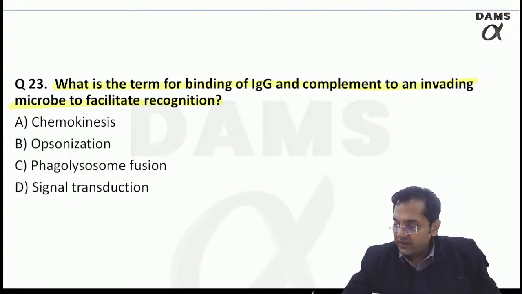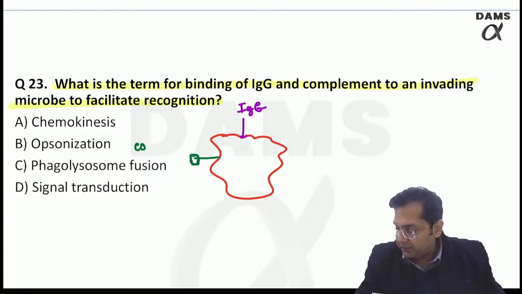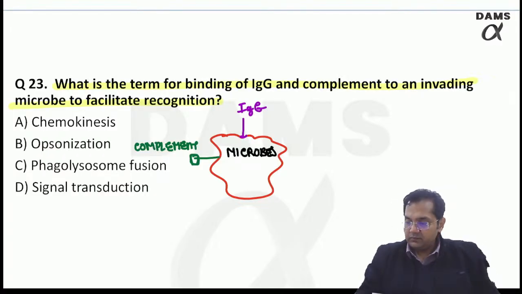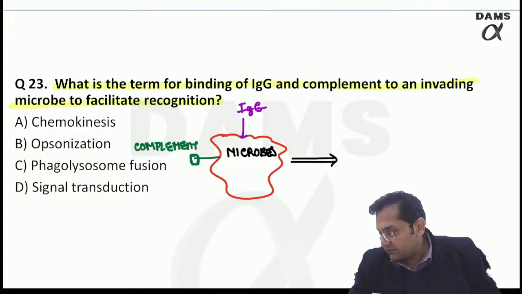So basically, see what happens is, if this is a microbe, your immunoglobulin binds to the microbe and then complement also binds. When both of these bind to the microbes, this facilitates easier recognition by the cells.